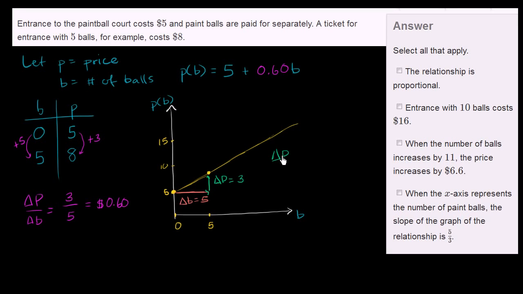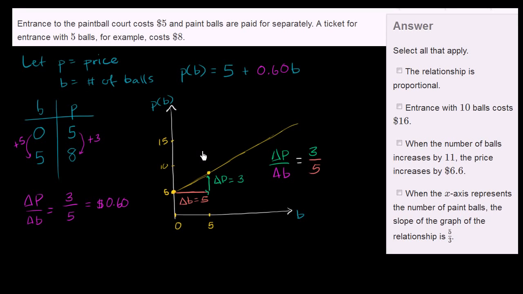So your change in price over your change in the number of balls, which would be the change in the vertical axis over the change in the horizontal axis, which is the definition of slope. It's a way of defining the inclination of this line. That is going to be equal to 3 over 5, which is exactly what we calculated right over here, just thinking about it in a slightly different way.